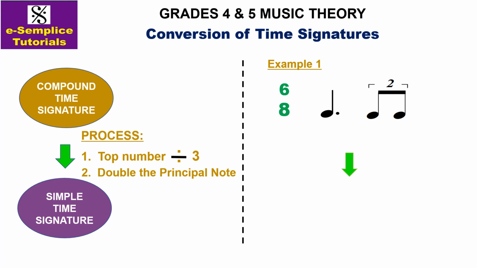So let's take this. First step, divide the top number by 3. You will have 2. Then the principal note here is a quaver.